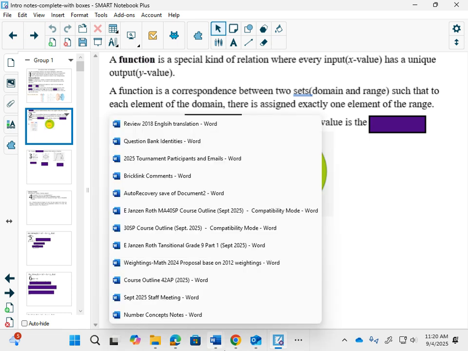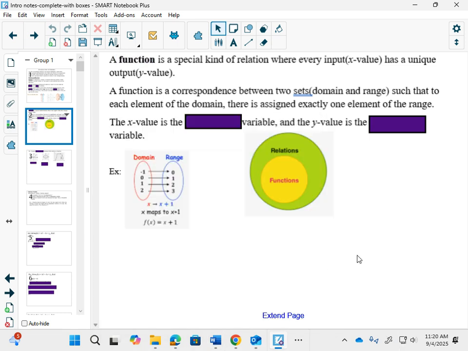So a function is a special kind of relation where every input, every x value, has a unique output. You still can have the same y value, but every x value can have only one y value. So each element in the domain is assigned exactly one element of the range.